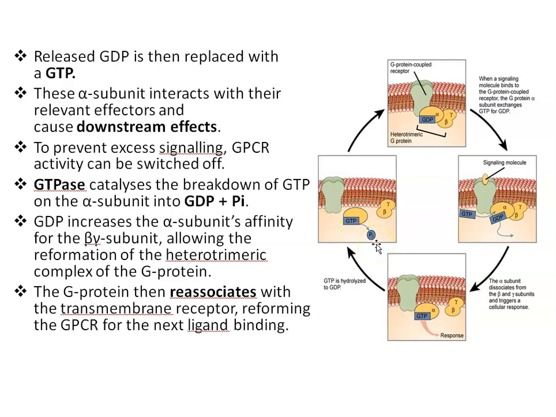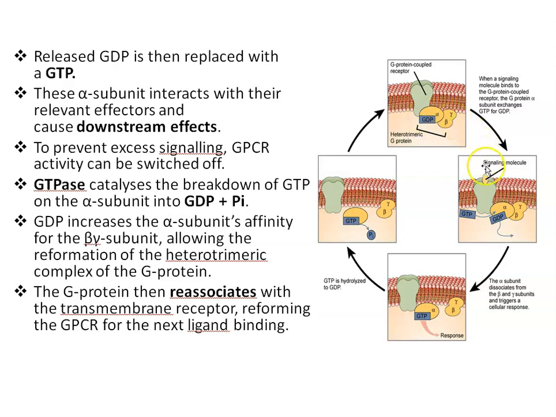This GDP increases the alpha subunit's affinity for the beta gamma subunit, allowing the reformation of this heterotrimeric complex of G protein, right? And this G protein then reassociates with the transmembrane receptor, reforming the GPCR for the next ligand binding, right?